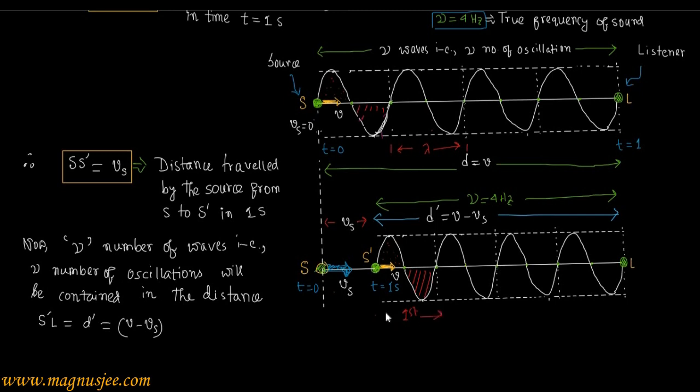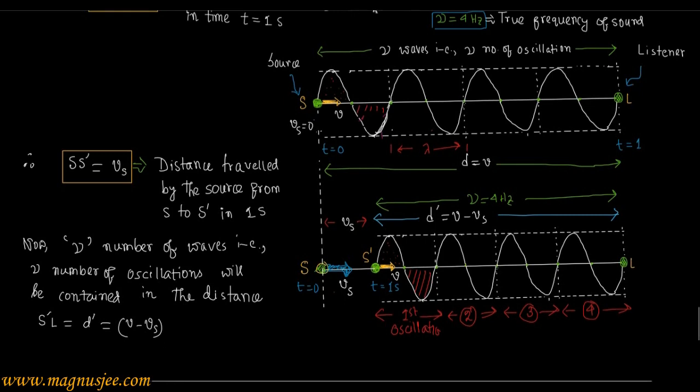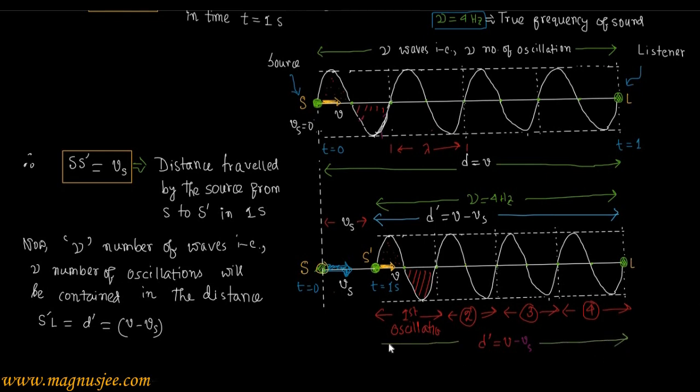Now we can denote different oscillations. This is the first oscillation of sound wave, then the second oscillation, then the sound wave completes the third oscillation, and the last oscillation, that is the fourth oscillation, will be contained within the distance d prime is equal to v minus vs. Now we can denote the apparent wavelength.